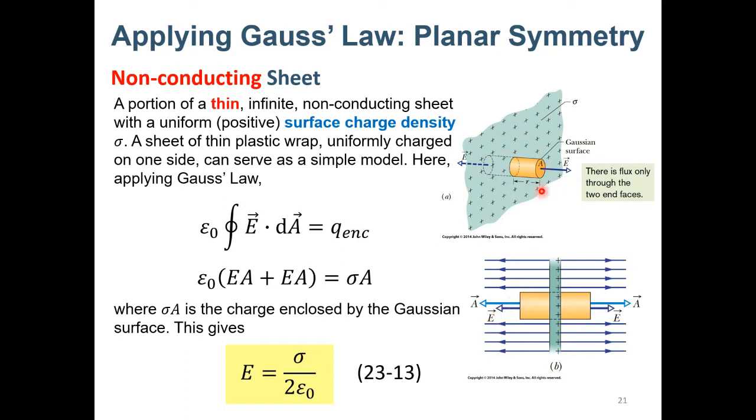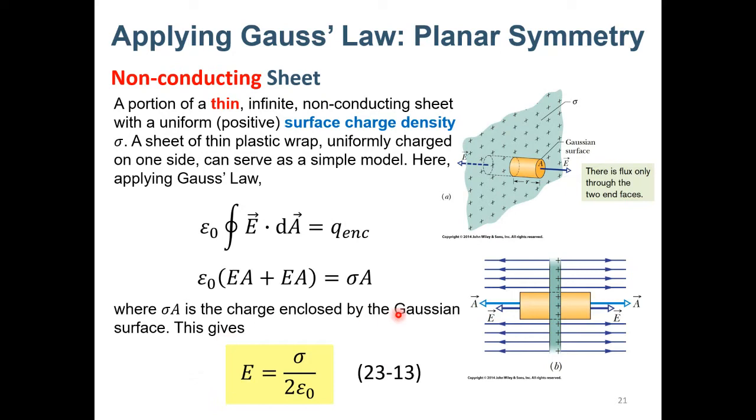A is the area of a circle, and actually it's a cylinder, so the charge enclosed by this cylinder will be sigma times A. So here we just cancel the A and divide by 2 epsilon 0 on both sides.